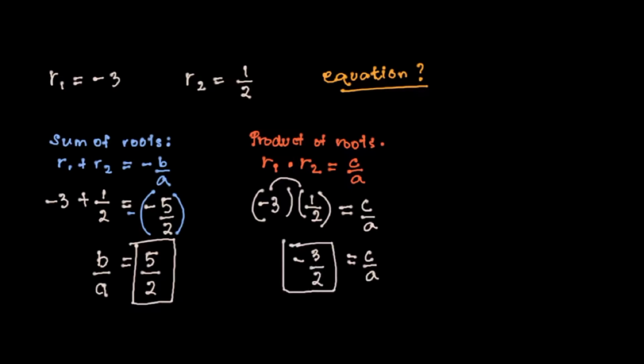Okay, for the final process, of course, the reason why we need to find the sum and product of these two roots is to basically create an equation. So, para makagawa tayo ng equation, isulat muna natin dito yung standard form ng ating quadratic equation.